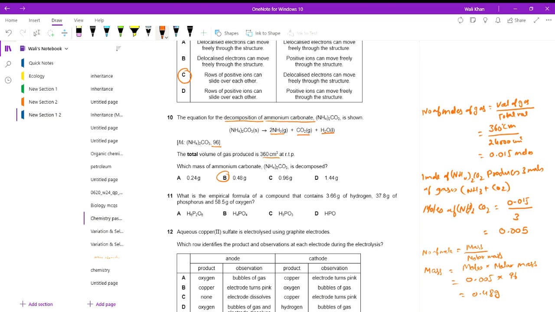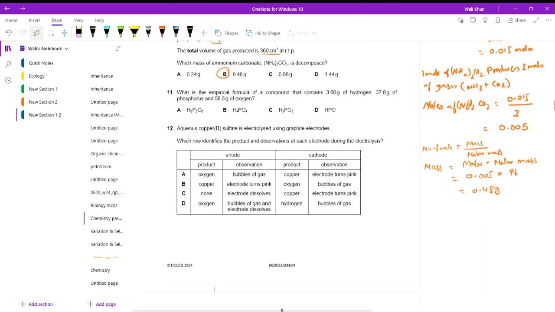Okay, next question. What is the empirical formula for a compound that contains 3.66 gram of hydrogen, 37.8 gram of phosphorus, and 58.5 gram of oxygen? First we write down the elements: hydrogen, phosphorus, and then oxygen.